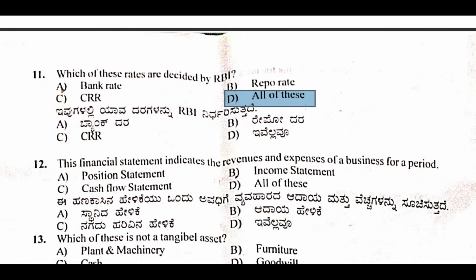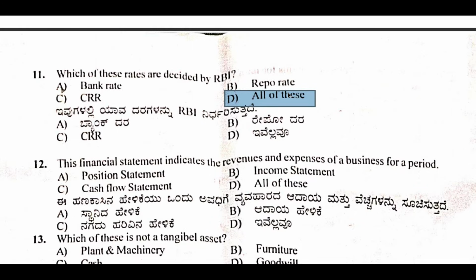because RBI decides the bank rate as per the monetary policy of the country. Repo rate and reverse repo rate are monetary policy tools used by RBI to maintain economic stability in the country.